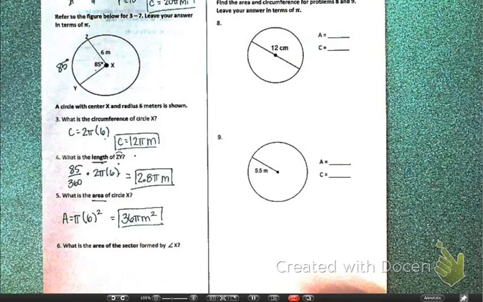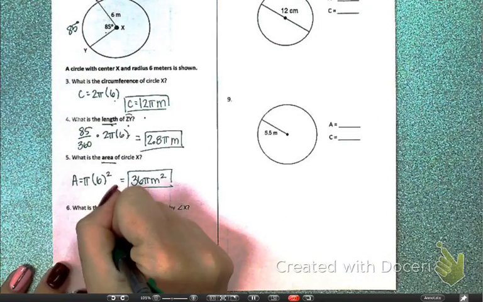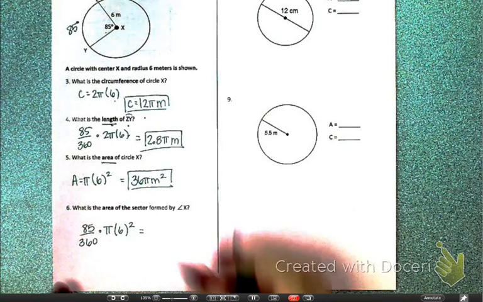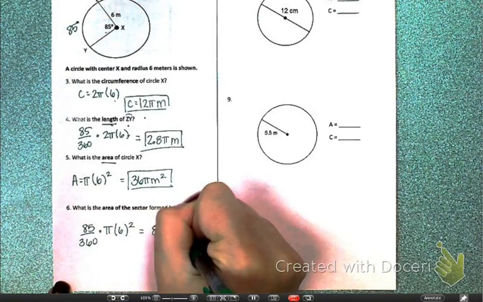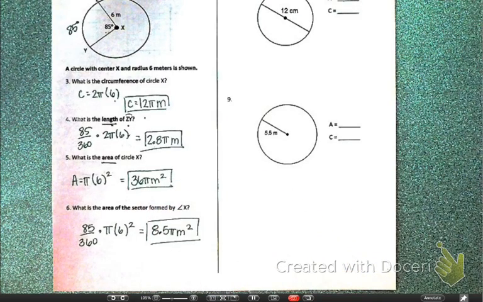So sector area, my measure is 85 over 360 times pi times the radius squared. And when you plug that into your calculator, you get 8.5 pi meters squared. Any questions on 1 through 6?